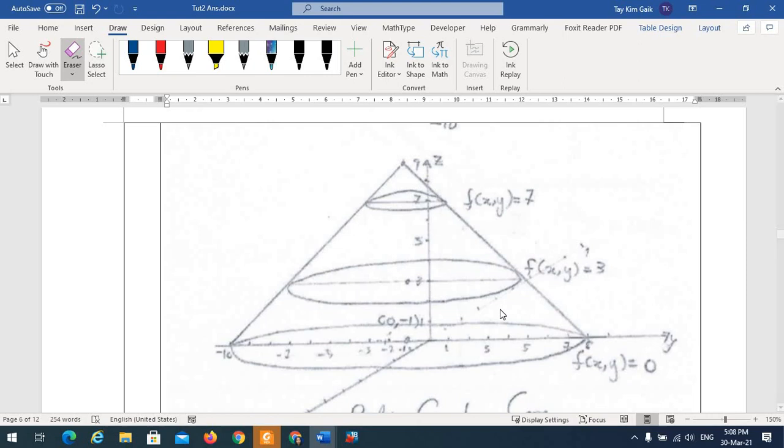So compared to question 2, the cone is shifted by 1 unit.